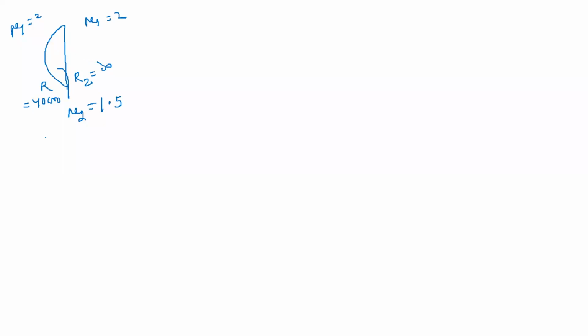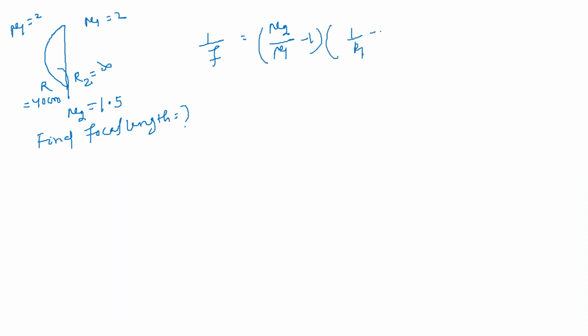So you have to find the focal length of the system. What is the formula for focal length? 1 by f is equal to how much? (mu2 by mu1 minus 1) into (1 by R1 minus 1 by R2). Correct?